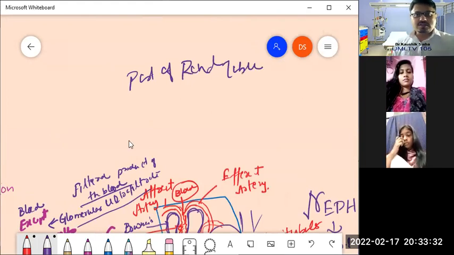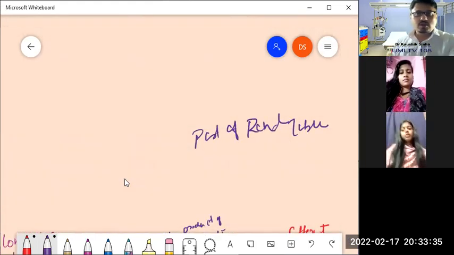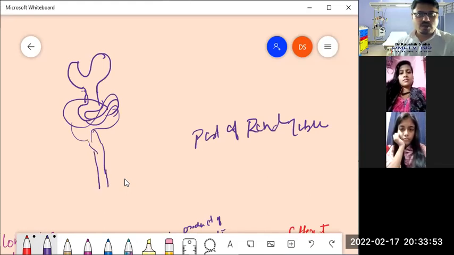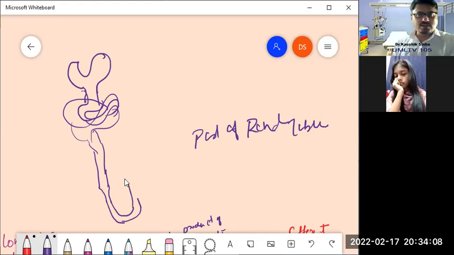If I draw this same diagram just to the side, I would add another detail. So this is the Bowman space. Initially, the tubule remains somewhat twisted and turned before becoming straight. Once straightened, after a short distance, the tube gets a bit narrower. After being narrower, the tube takes this U-shaped turn and then broadens again.